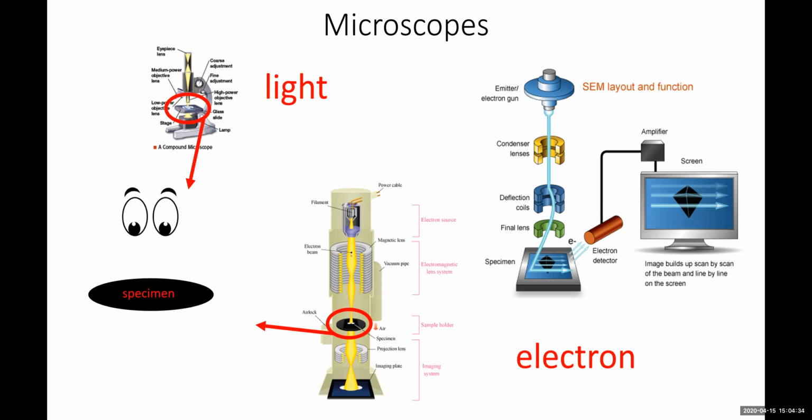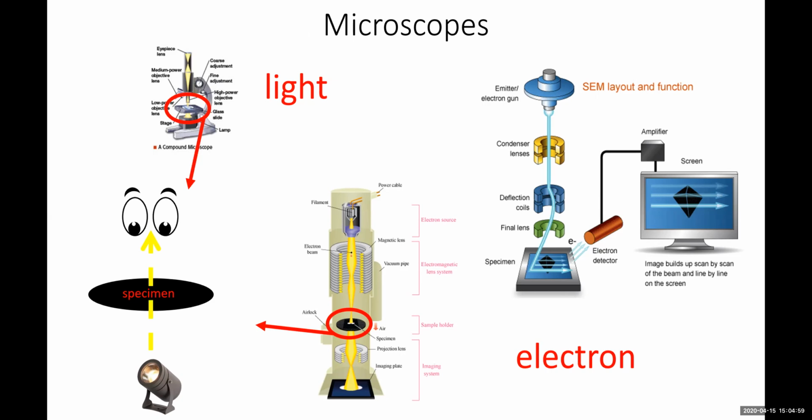So what we need to do is we need to look from one side, and we need a light on the other side. The light will travel through the specimen and into whatever we're looking at. This means that we can't see the surface, we can't see the outside, but we can see what's inside, and we can see the general shapes if it's very, very thin.